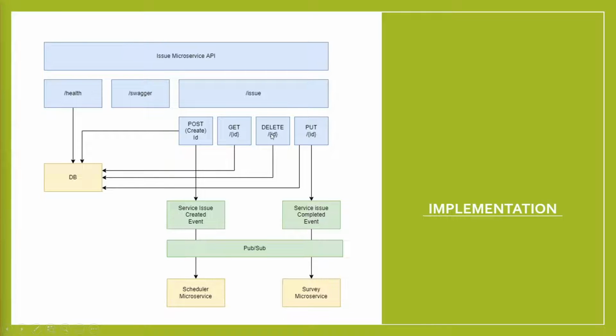A delete could be, I no longer need this issue, I'm going to delete it, or maybe I've created a duplicate, I can always delete it. And a put operation basically says, hey, service has been completed, right? And perhaps we have a survey microservice that shows up to track customer satisfaction, for example.